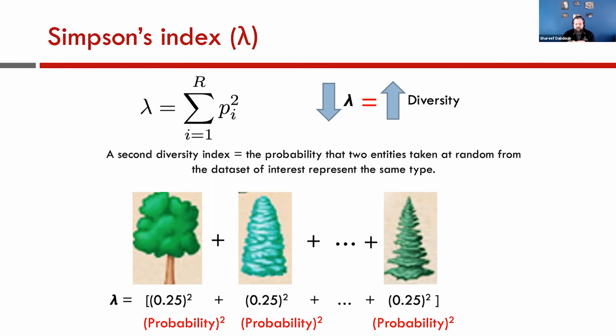And so if you have much higher diversity, then that probability will be lower. If you have 100 species, then your probability of picking 2 that are the same type is much lower. If you have many fewer species, then the probability that you pick 2 that are the same type is going to be much higher.